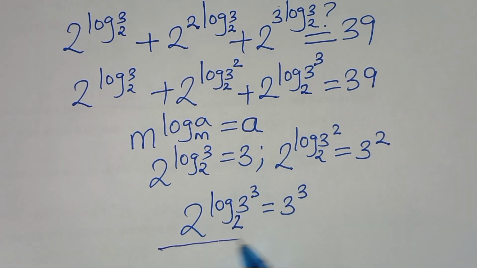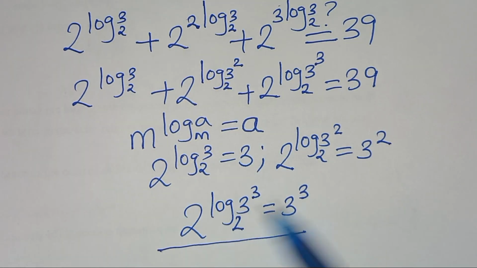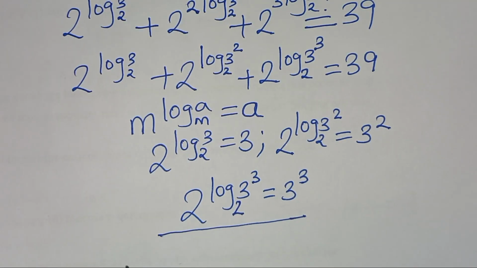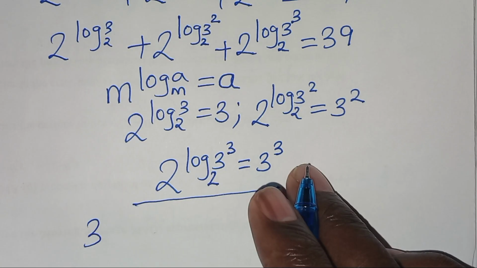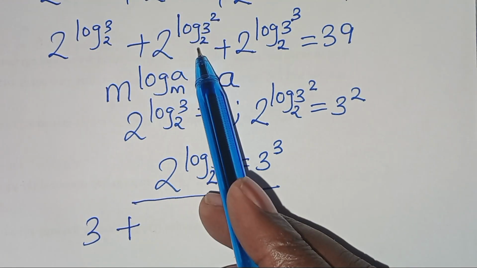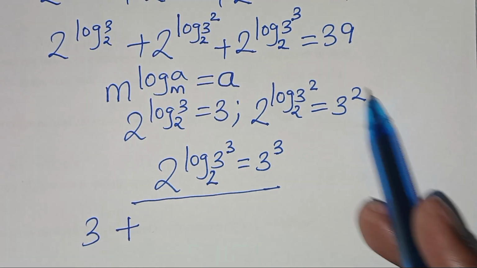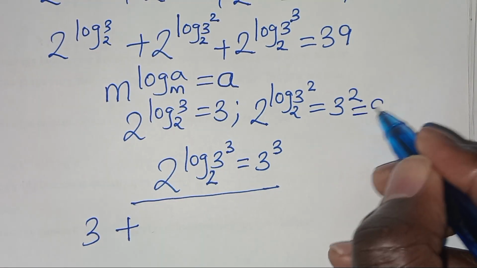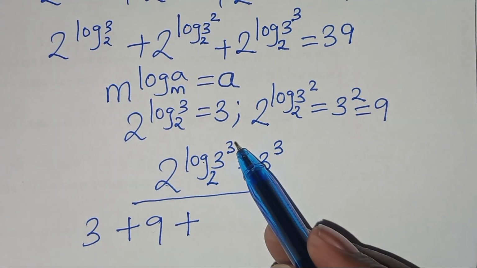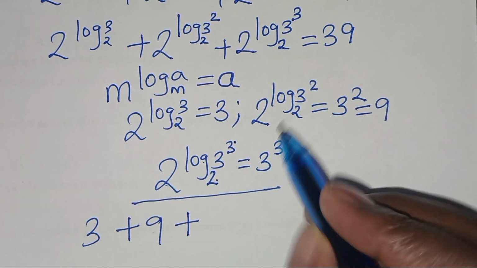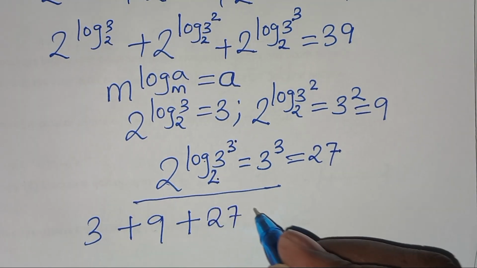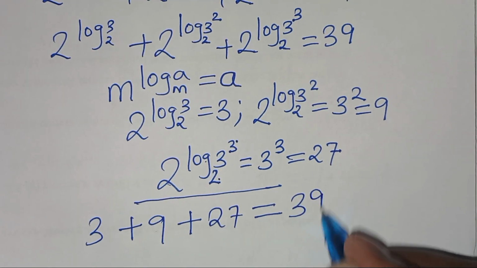So let's substitute these values here. 2 to power log 3 to base 2 is the same thing as 3, plus 2 to power log 3 squared to base 2, which is the same thing as 3 squared, and this is equal to 9. Plus 2 to power log 3 cubed to base 2, this is 3 cubed, which is equal to 27. So plus 27, this should give us a value of 39.